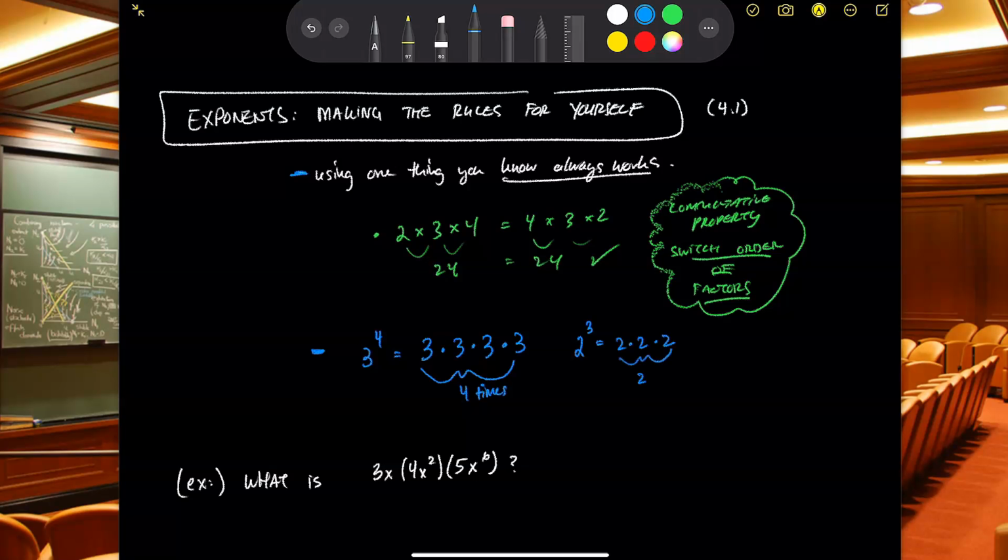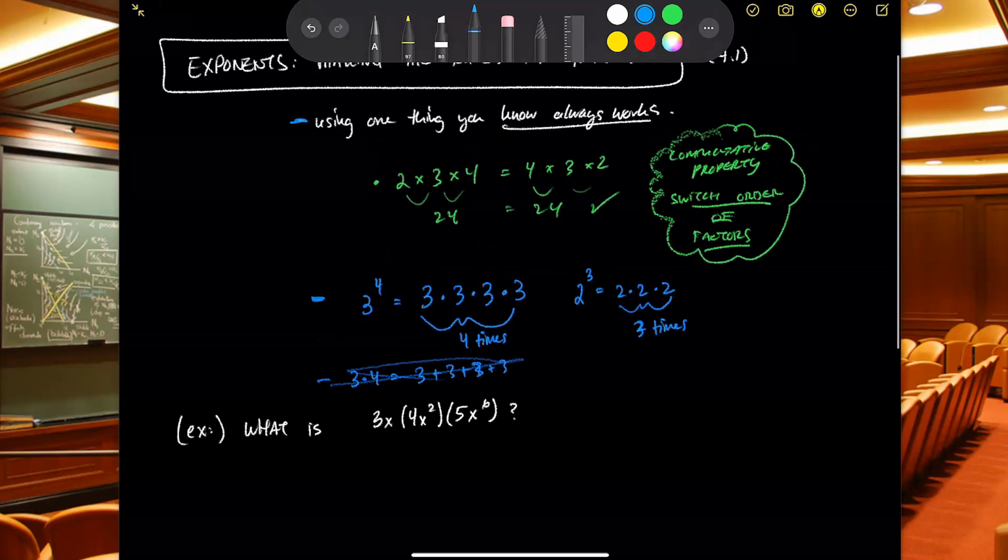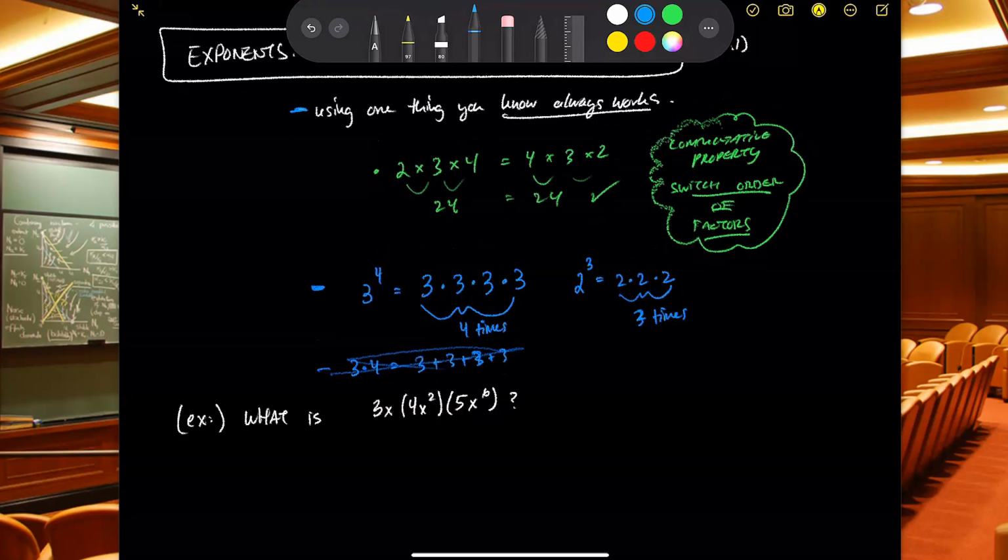You multiply itself 3 times. Okay, this is different than 4 times 3, right? 3 times 4, that's 3 plus 3 plus 3 plus 3, right? So that's completely different. That's not what we're talking about here. We are talking about repeated multiplication. Okay, so two things. We have repeated multiplication, and we know that the order of multiplication does not matter.